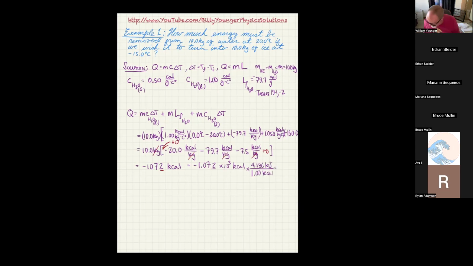And therefore, my answer would be basically negative 4.487, negative 4.48. And I'll keep one extra sig fig or one extra digit. That's going to be a non sig fig. And that's times 10 to the third. And that answer is in kilojoules. Okay. So both of these are answers.